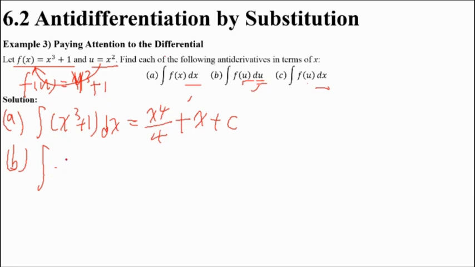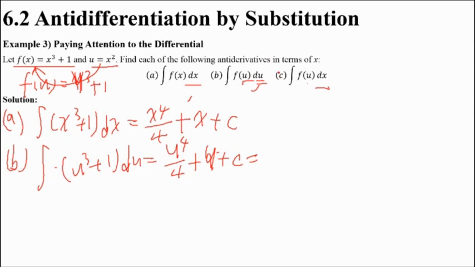So integral of u cubed plus 1 du. Same method: u to the fourth over 4 plus u plus c, right?